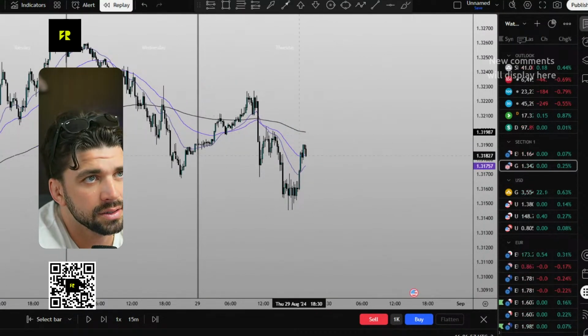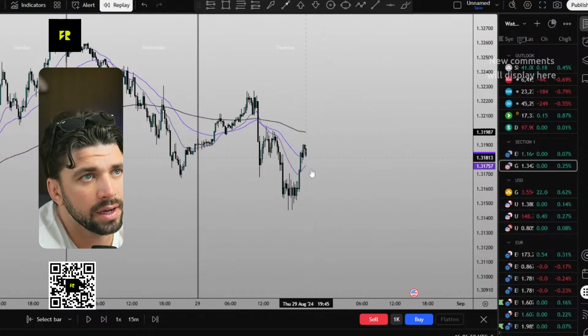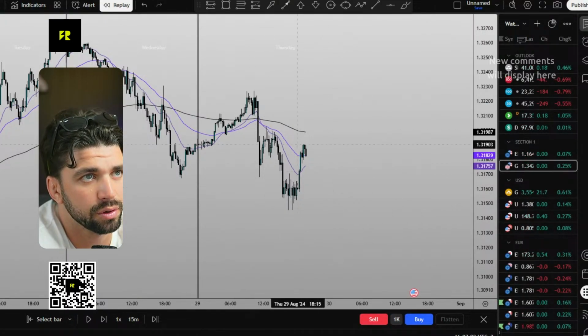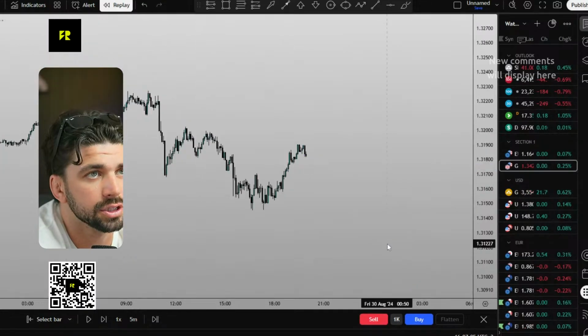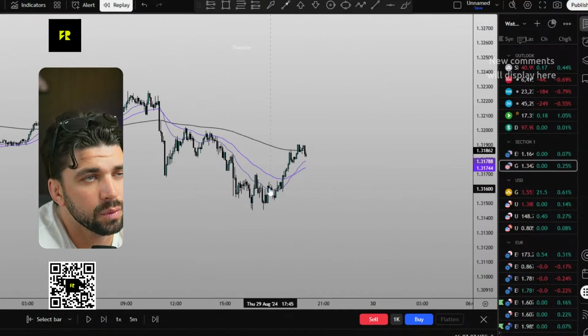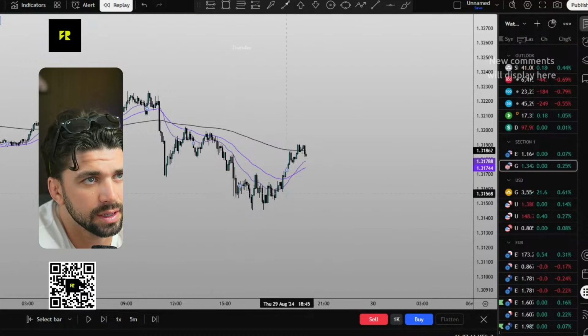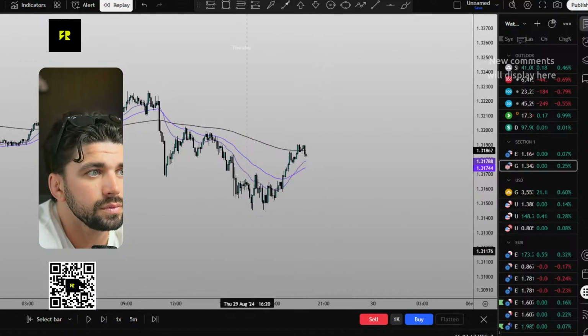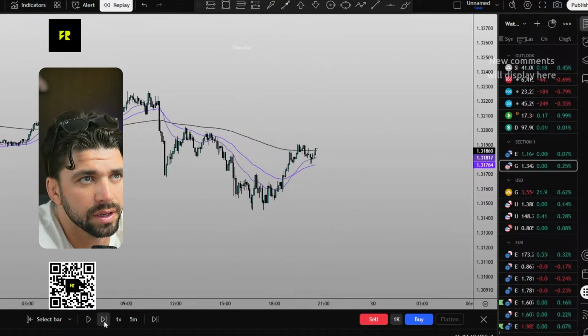Ideally, we'd be looking for a continuation down because we're on a downtrend and we've broken all the EMAs. The only thing with this trade is that the session's already happened. We've had a break up above the EMAs and then a continuation to that 200. So we're going to keep going and see if we can catch any other trades.